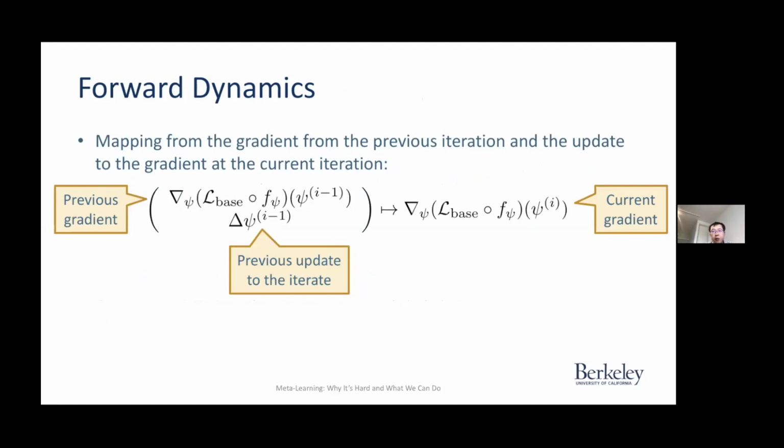So what do we mean by forward dynamics? Consider the mapping from the gradient of the previous iteration and the update to the gradient at the current iteration. Essentially this mapping is trying to predict what the next gradient is going to be, from the previous gradient and the update that we apply to the iterates.